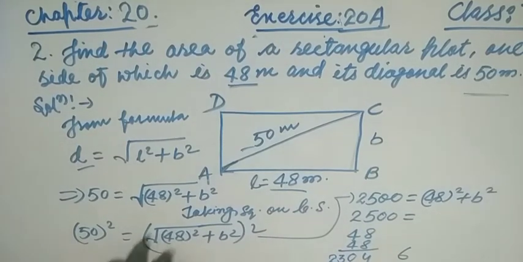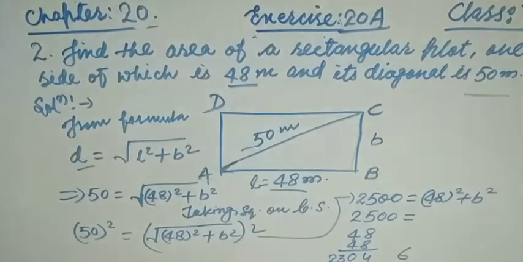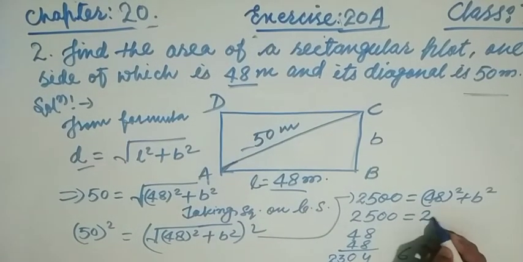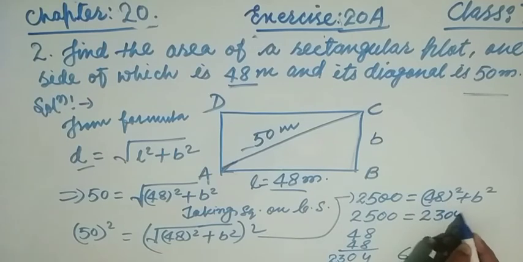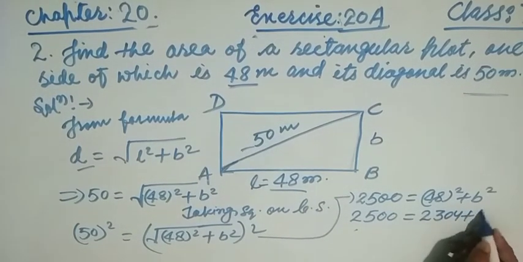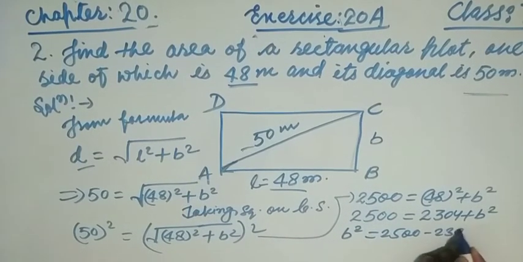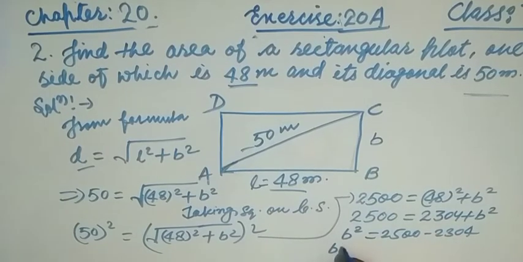Now friends, multiply, and now let us check is it correct or not. Now friends, this is 2304, so this is 48 square. So B square is equal to, friends, 2500 minus 2304.